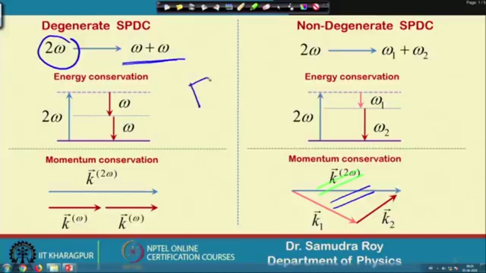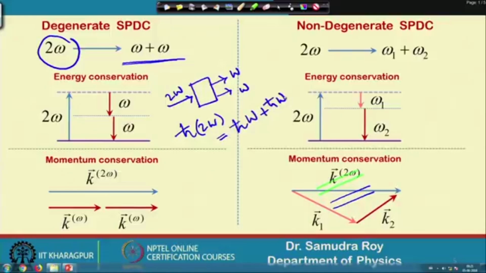So, the structure is something like that. I am launching a frequency 2 omega, and 1 omega and 1 omega are generated. The energy conservation is valid here, because in this diagram, the old diagram, if I write h cross of 2 omega, the energy of the photon of 2 omega frequency, it is equal to h cross omega plus h cross omega.